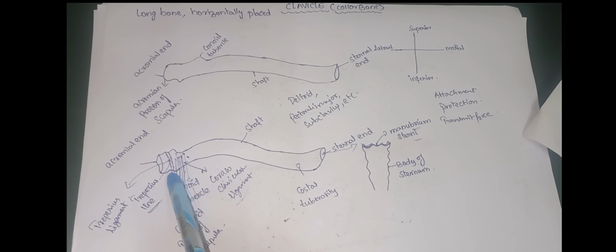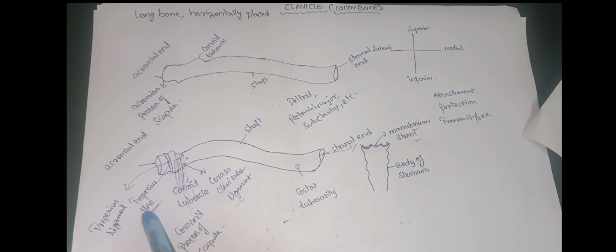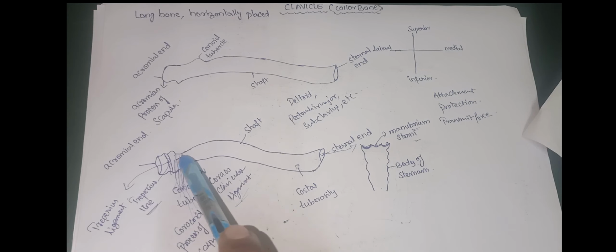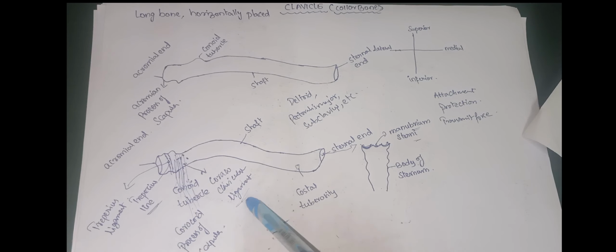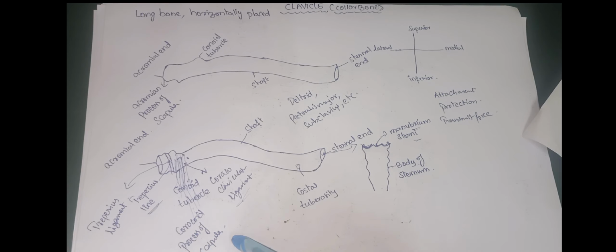Here we can also see one line, which is called the trapezius line, from where the trapezius ligament gets attached. And there is one ligament, which we call the coracoclavicular ligament, which passes between the clavicle and the coracoid process of the scapula. The scapula we are going to discuss in the next classes.